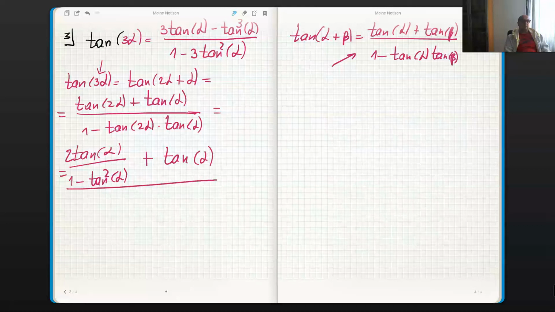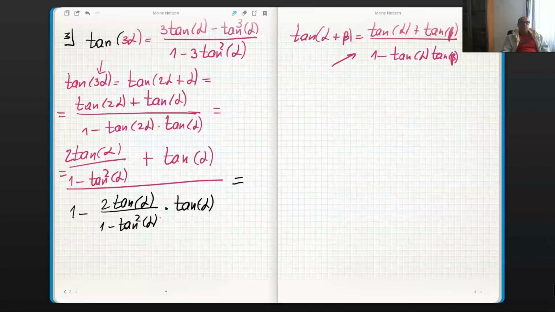This is our crazy looking numerator, and the denominator is 1 minus 2 tangent of alpha divided over 1 minus tangent squared of alpha, times tangent of alpha multiplied. Okay, now it's only about simplification because we are with tangents only, so we have singular angles, no cubed nor tripled or doubled angles anymore.